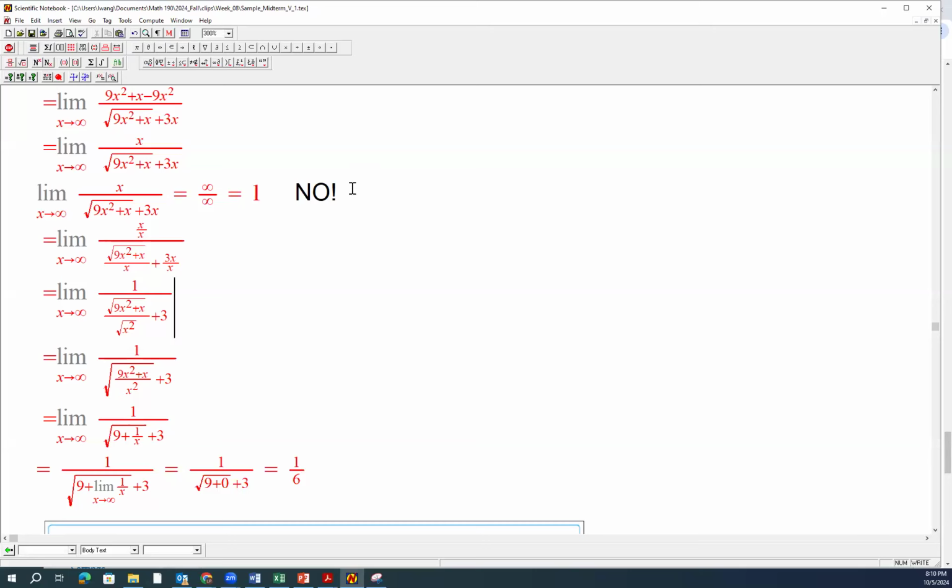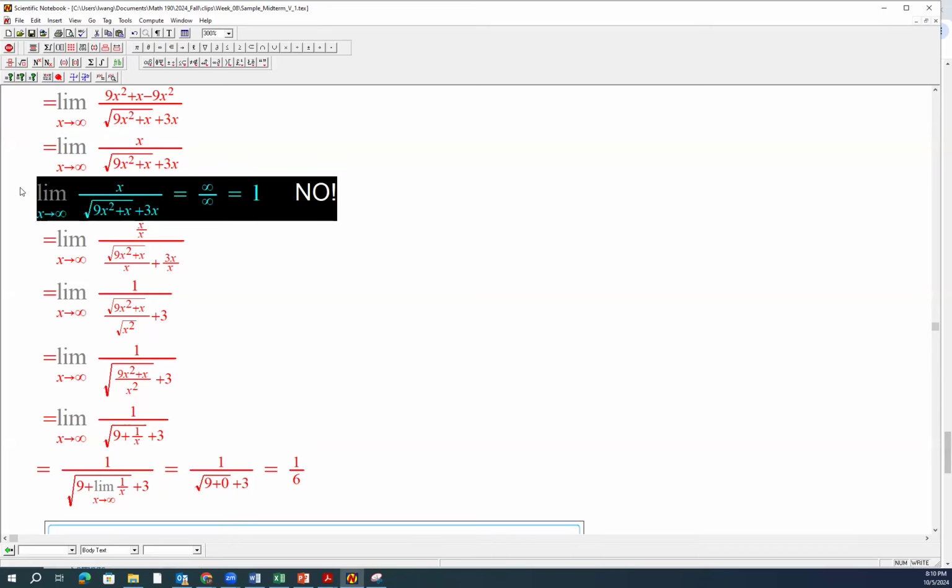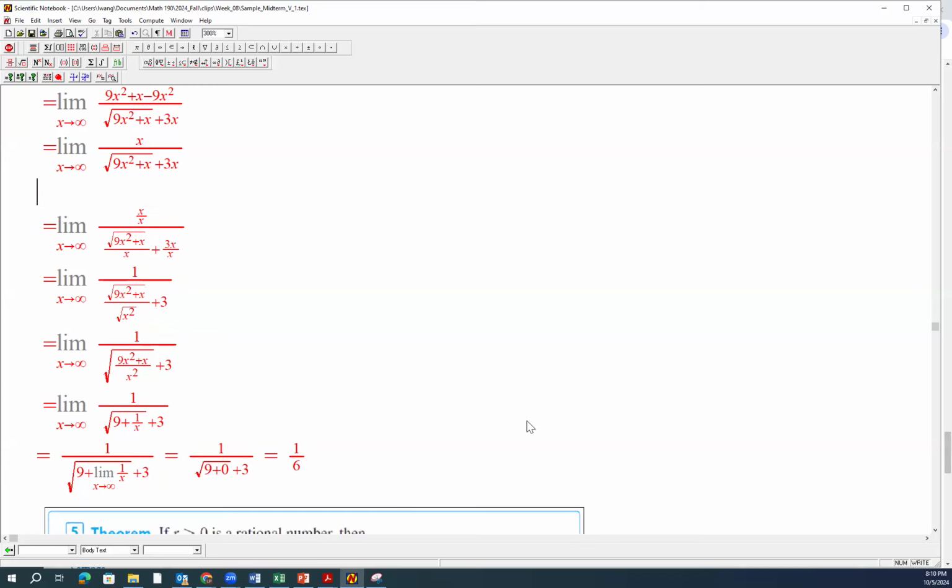Can we do that? I said no. Please don't do that. In the past quizzes, we have a situation like infinity minus infinity, infinity divided by infinity. In either case, we cannot apply limit law, so don't do it. Okay, so that was the warning.